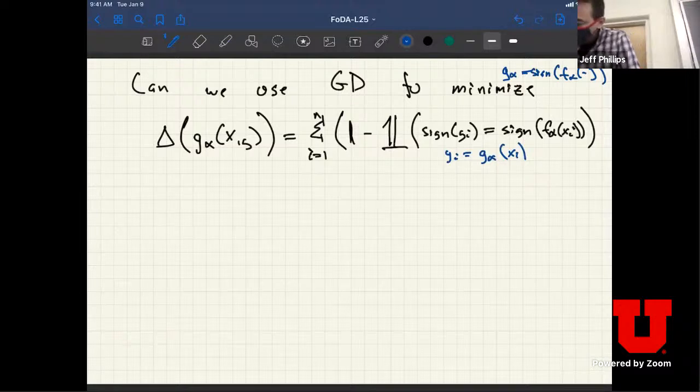This term here is known as the indicator function.